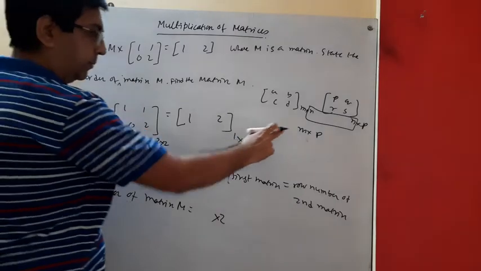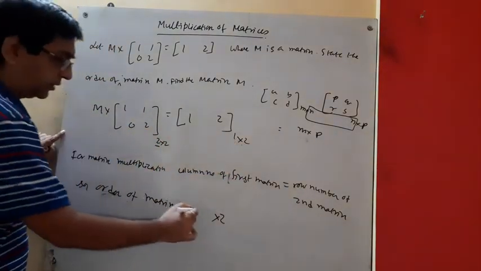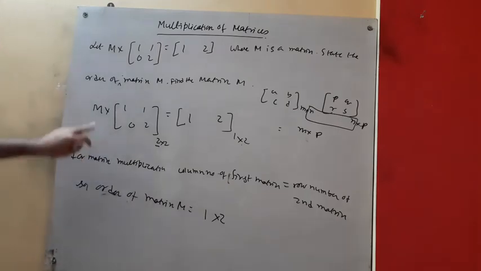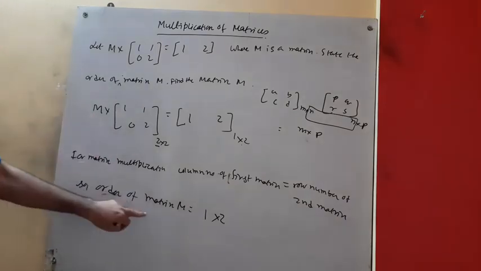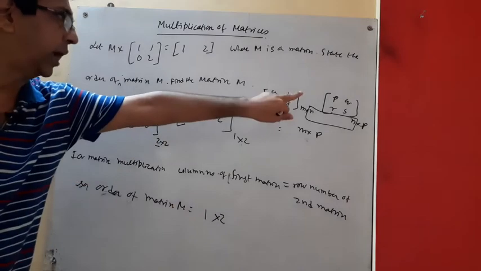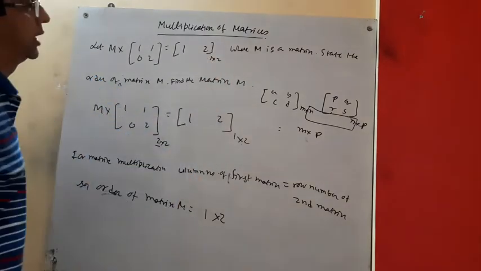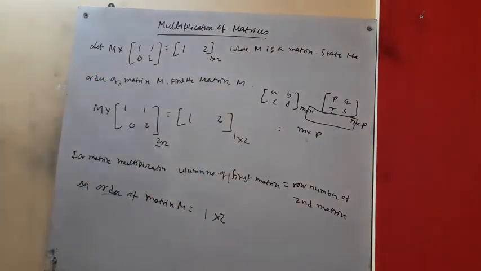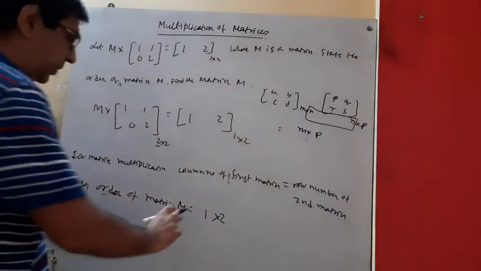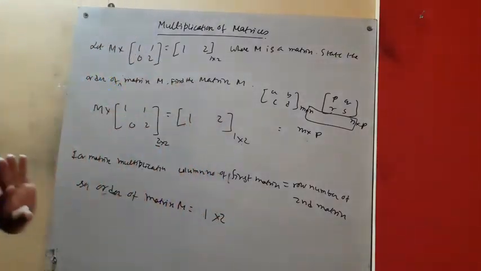It is given. And the row number of the first matrix is 1. The product is 1 into 2. It is given, this is 1 by 2, that is, 1 row, 2 columns. So the order of the matrix M is 1 into 2. That is 1 row and 2 columns.